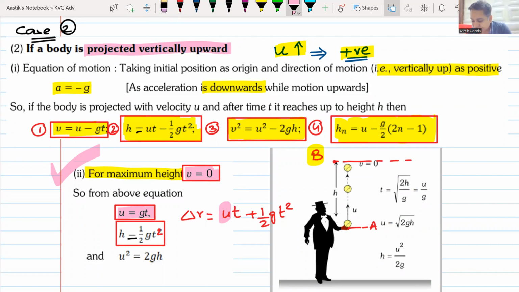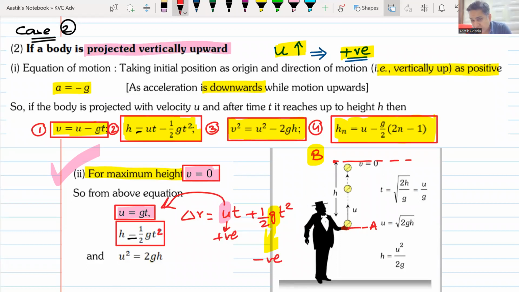Remember, there are two ways to understand this. Remember, u is positive and g is negative. Now you also know that u is equal to gt.